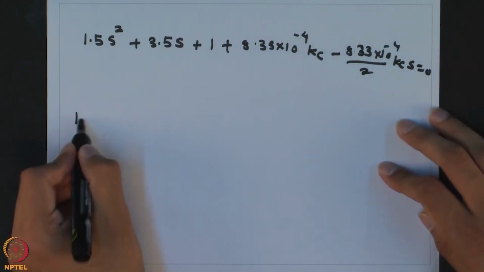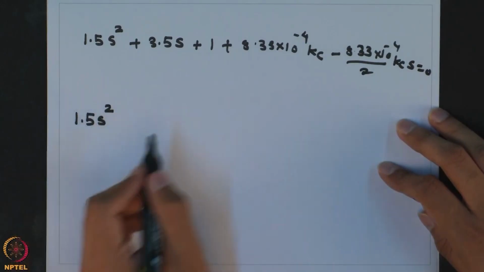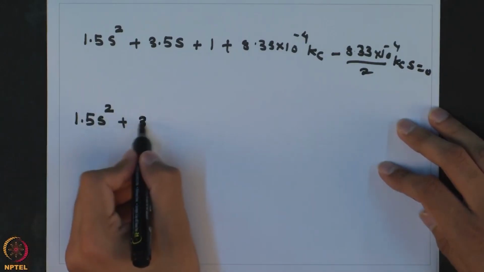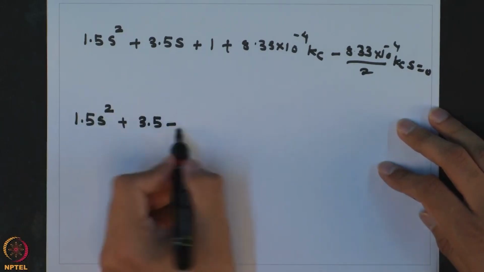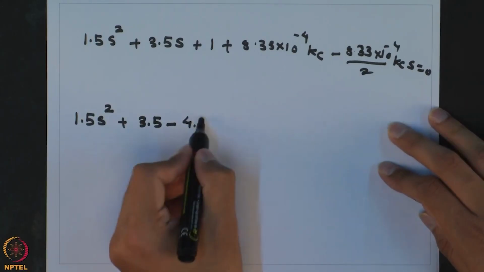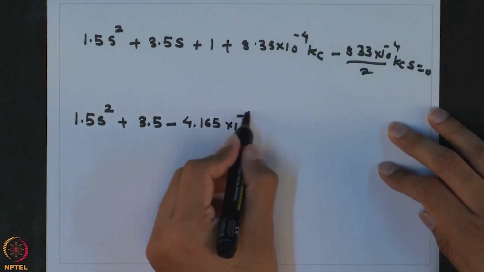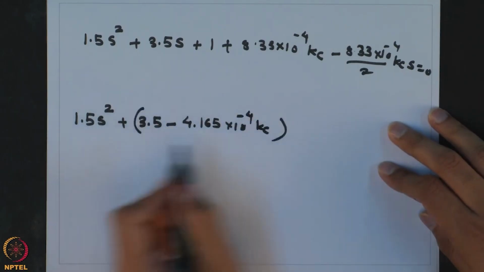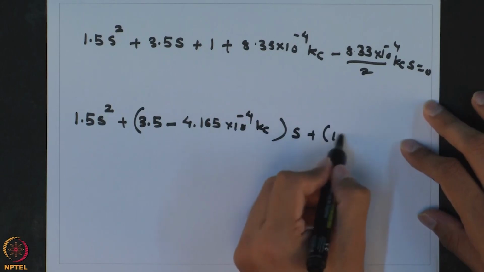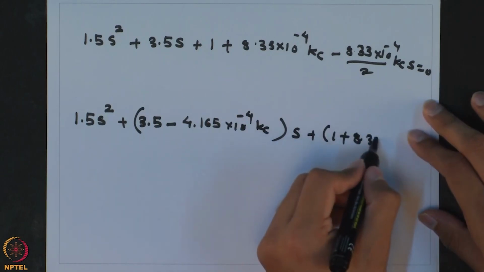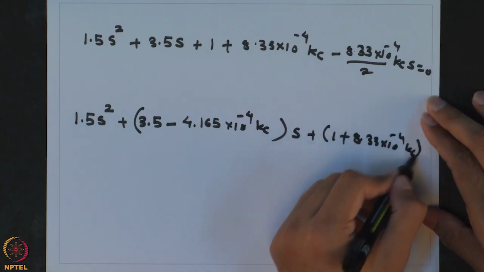In a condensed form, what we will get is 1.5 s square plus 3.5 minus 4.165 10 raised to minus 4 Kc s plus 1 plus 8.33 10 raised to minus 4 Kc.